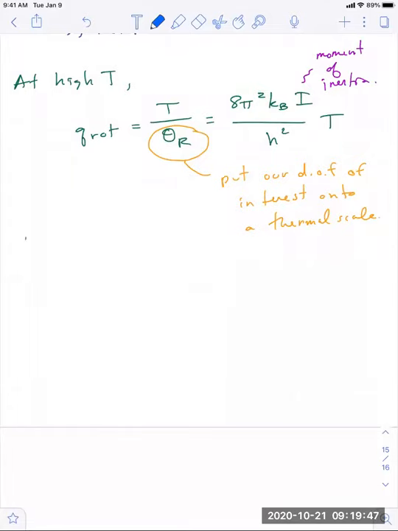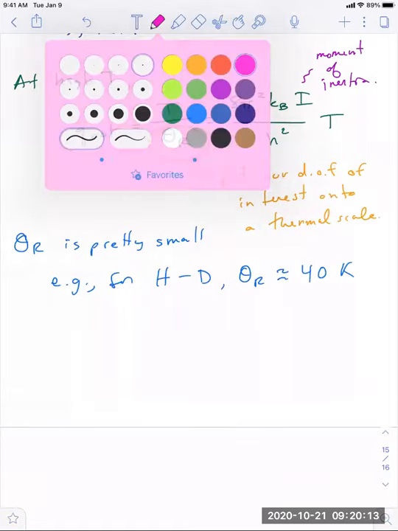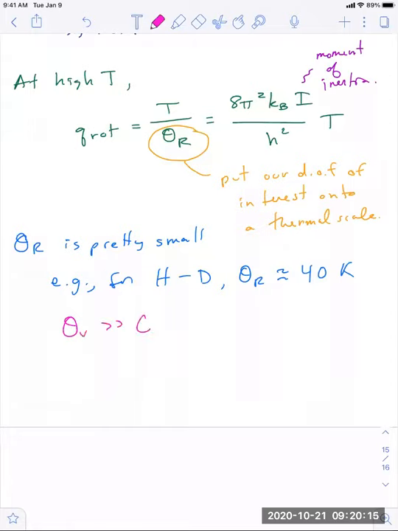So in general, theta r is pretty small. For example, a large theta r would be for a hydrogen deuterium diatomic particle. And even then, theta r is only about 40 Kelvin. So just in terms of rough magnitudes, the vibrational temperature is much larger than the rotational temperature.